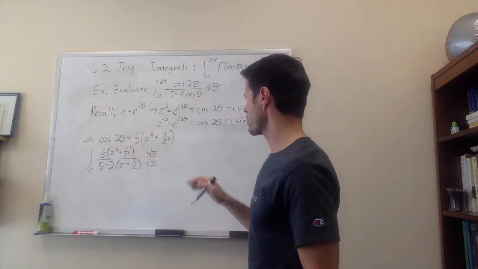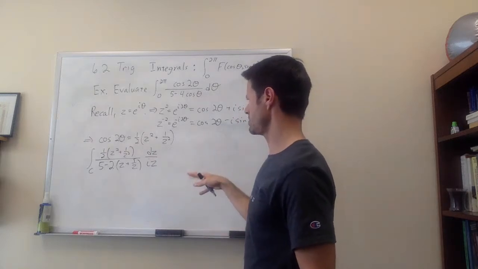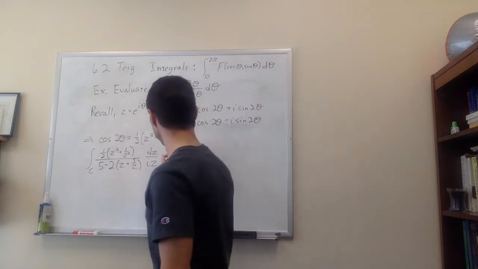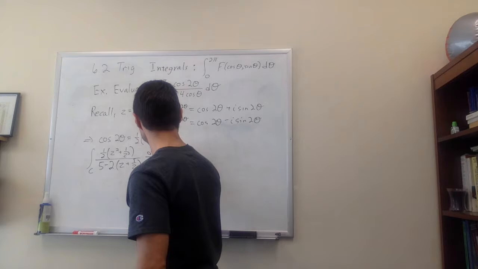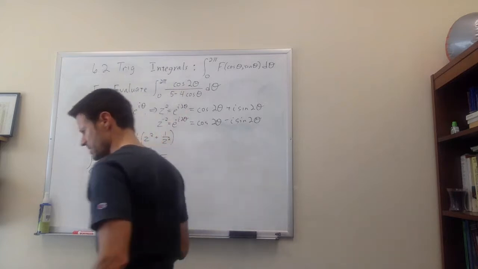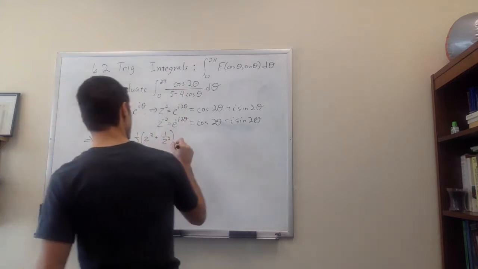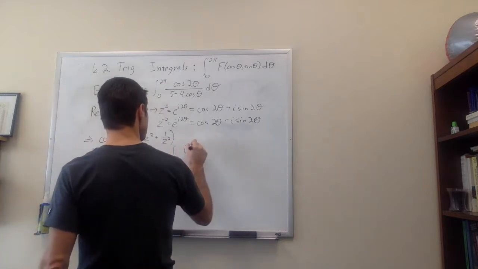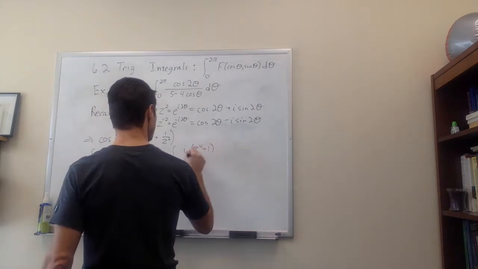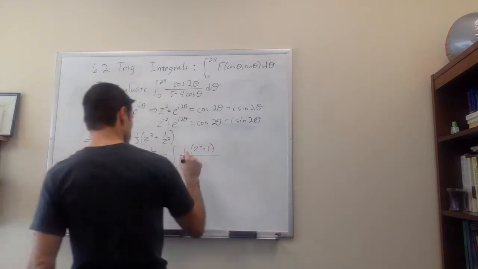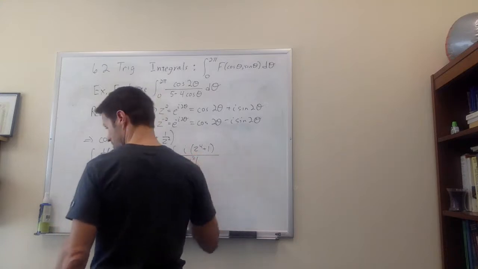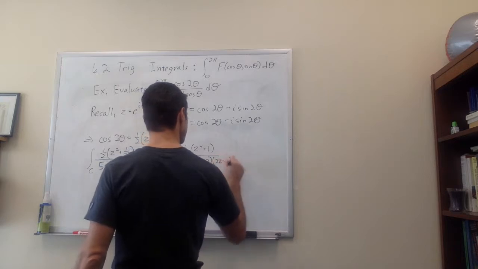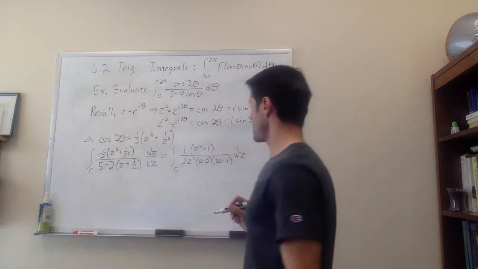There's some algebra we need to do to simplify this expression into a nicer form. I'll let you do that as an exercise. I'll write down what we get: i times (z to the 4th plus 1) in the numerator, and in the denominator we get 2z squared, (z minus 2), and (2z minus 1).